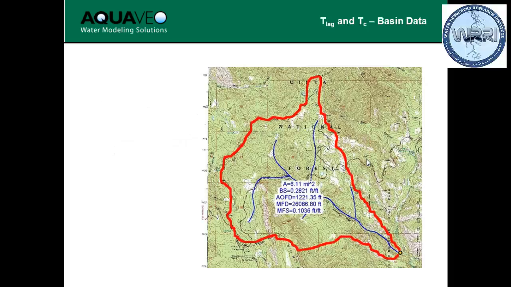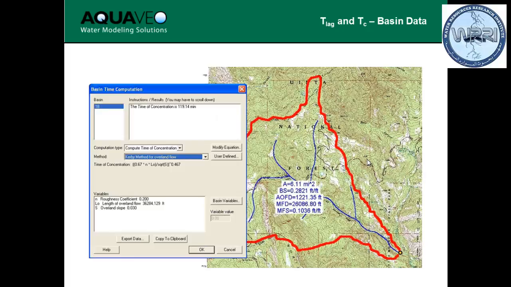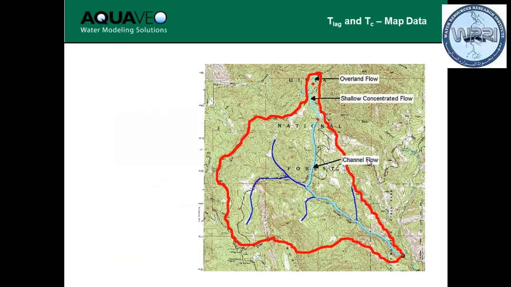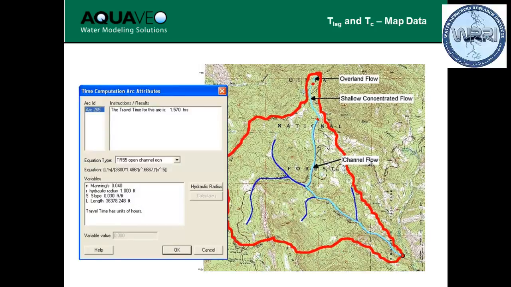So if I want to compute the time of concentration using the basin data method, WMS has a library of equations that can be used. And if I want to compute using the map data method, I can define these different kinds of arcs. So I have an overland flow arc right here, a shallow concentrated flow arc, and a channel flow arc.